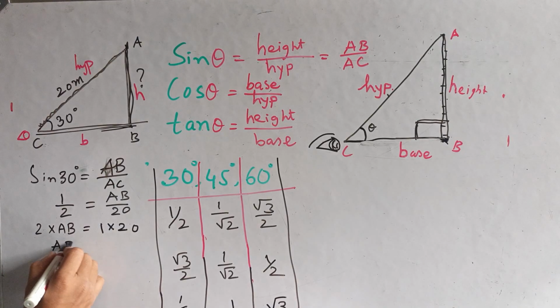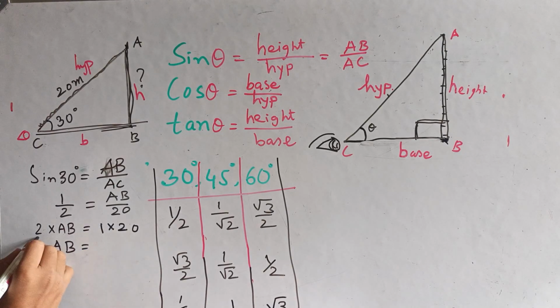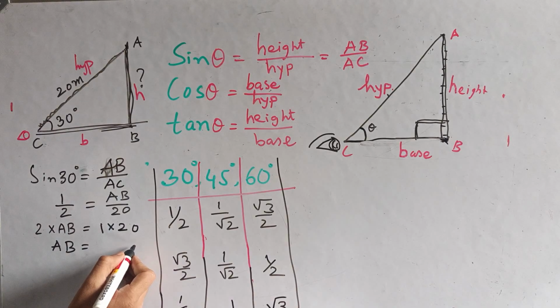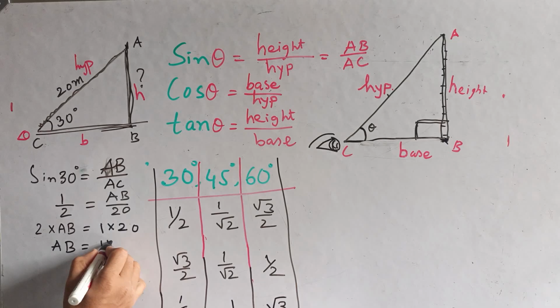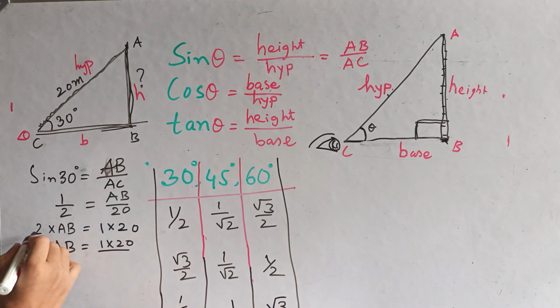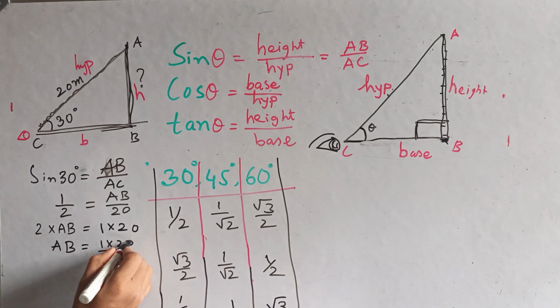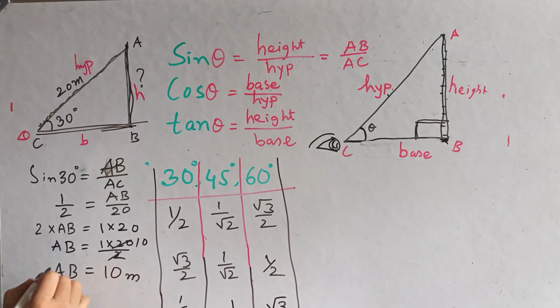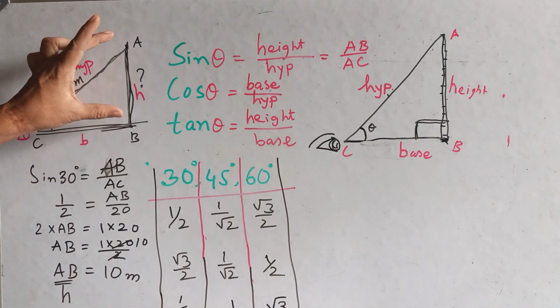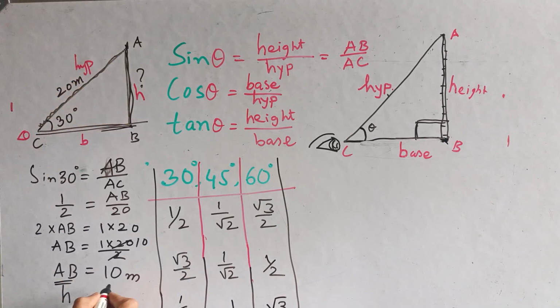From here, AB, the 2 is multiplied here, so it goes to the other side as a denominator. So 1 into 20 by 2, that is 10. AB is 10 meters. AB is the height here, so the height of the pole is 10 meters.